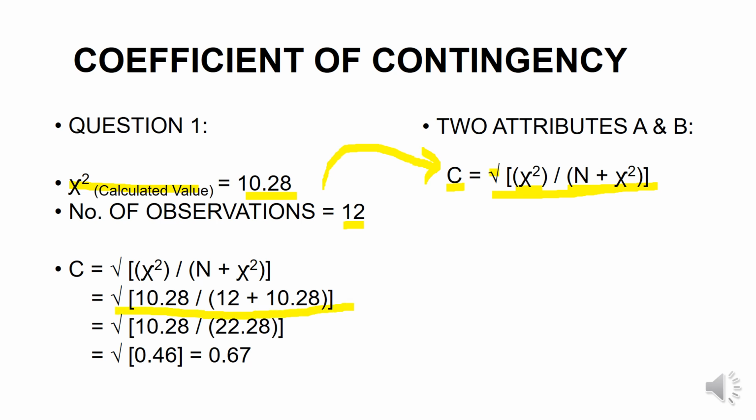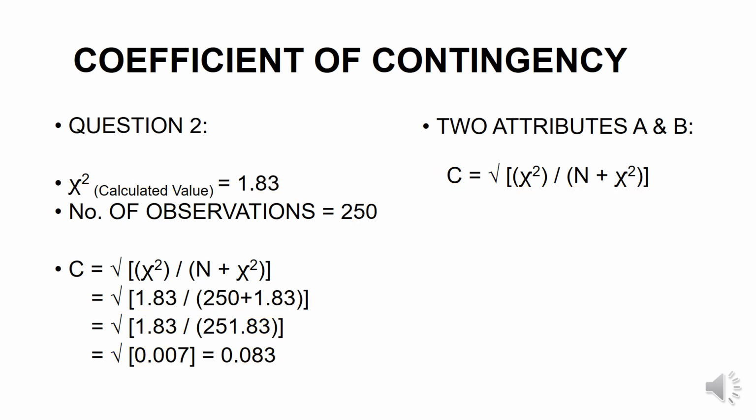Solving this expression further, in the denominator, 12 plus 10.28 is equivalent to 22.28. And when 10.28 is divided by 22.28, it results in a value equivalent to 0.46. And the square root of 0.46 is equivalent to 0.67.